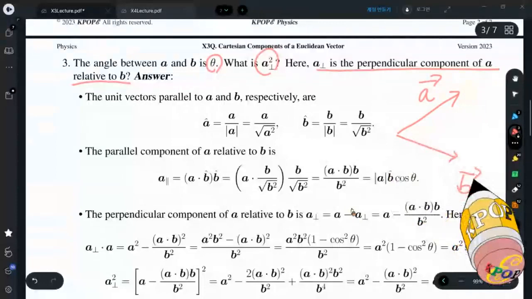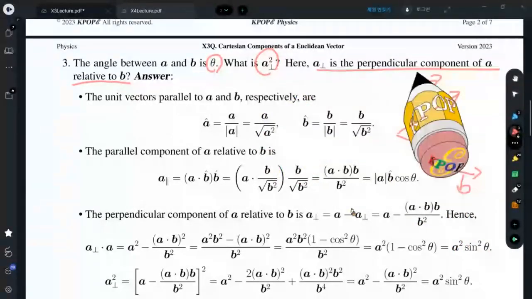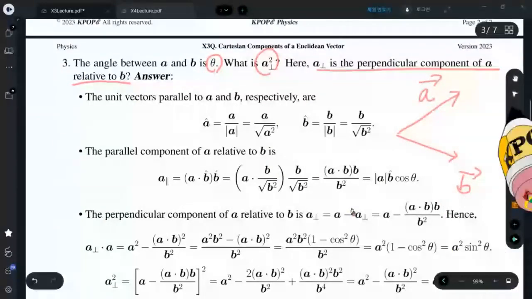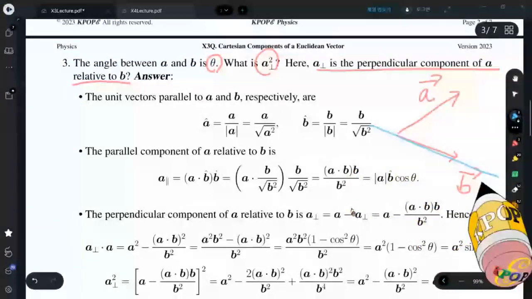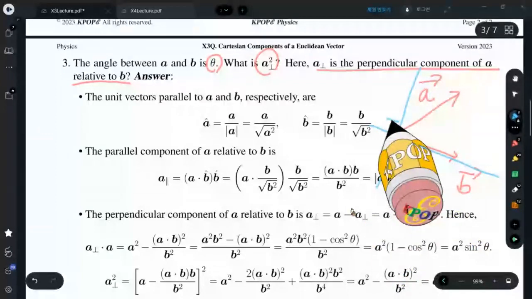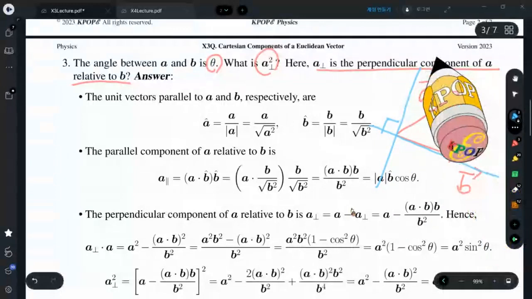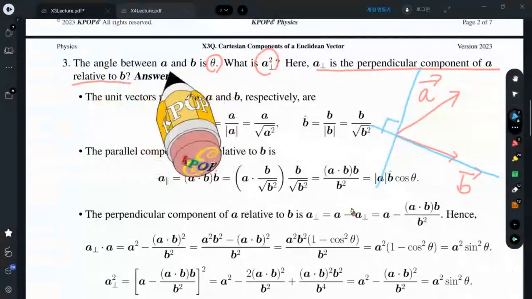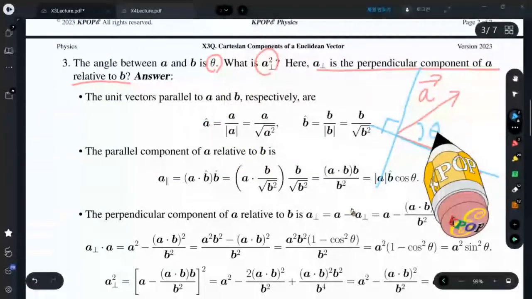I'd like to know the perpendicular component of A vector relative to B. A simple way is to put the x-axis along the B vector and find out the y-axis. This is the x-axis, y-axis. It is stated that the angle between the two vectors is theta.